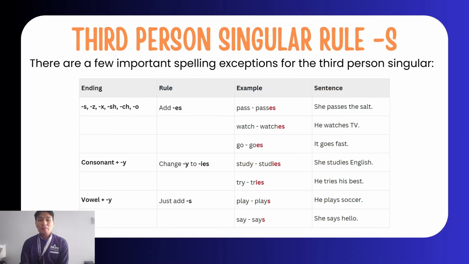There are a few important spelling rules for the third person singular. Depending on the ending of each verb is the modification we are going to do to each verb. If the ending of the verb is with an S, Z, X, SH, CH, or O, we add ES to the end.